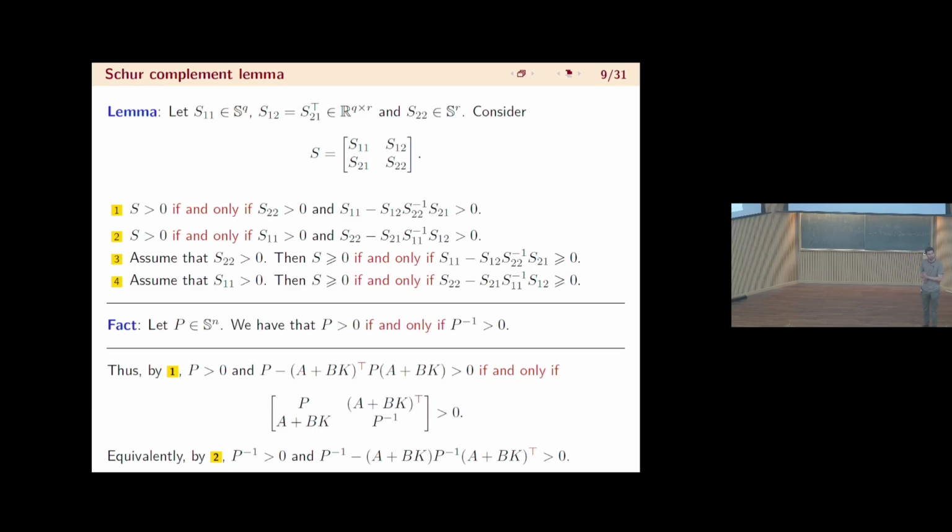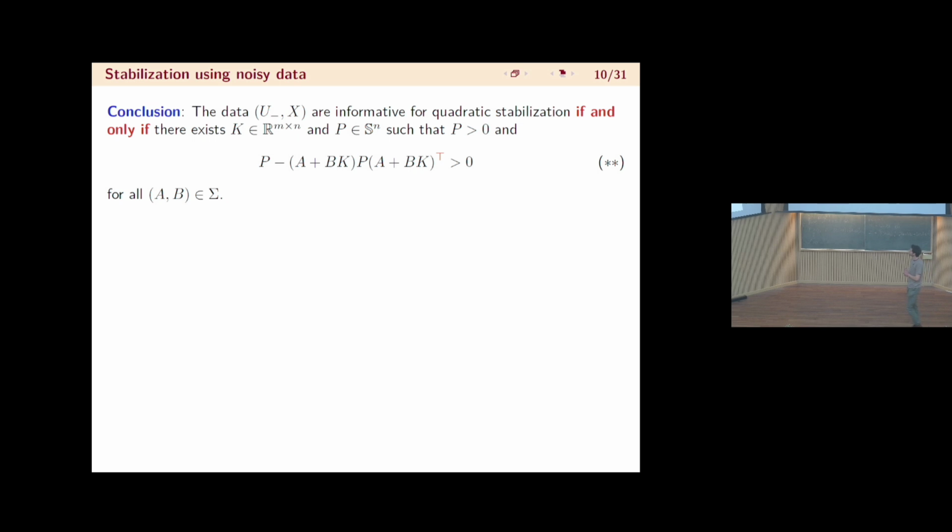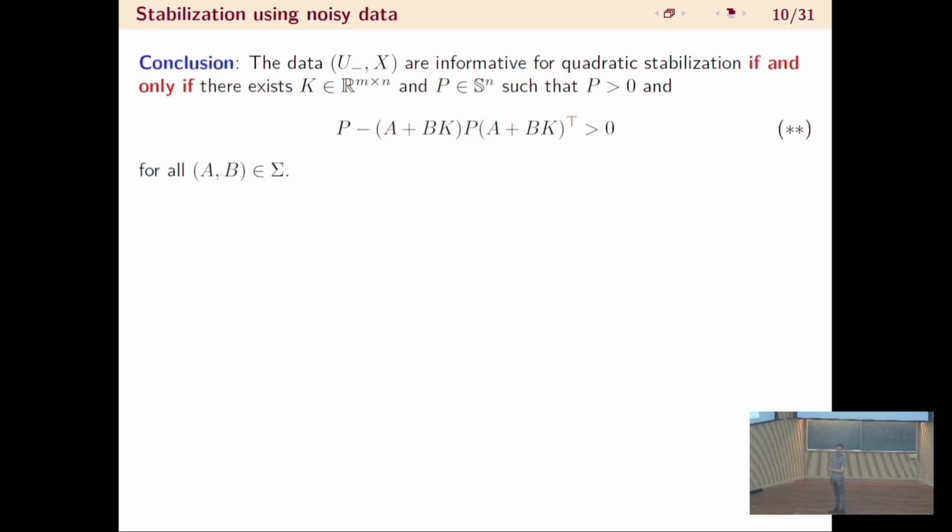Let's summarize the progress that we made so far then. What we've proven then is that the data are informative for quadratic stabilization if and only if there exist matrices K and P, such that P is positive definite, and the dual Lyapunov inequality holds.